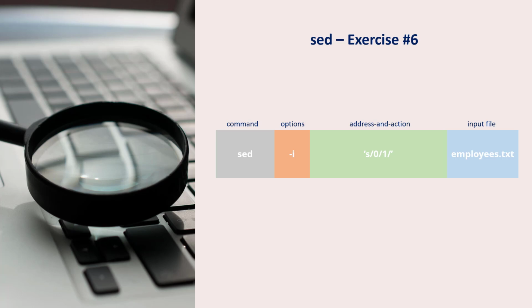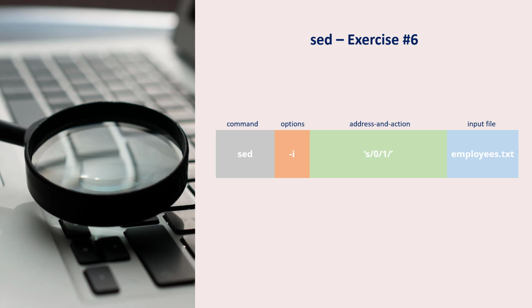So the pattern I want to search for is 0. Next comes another /, then I should give the replacement string. So I want zeros to be replaced with ones, so I give my replacement string as numeral 1. Finally, we end with another /.